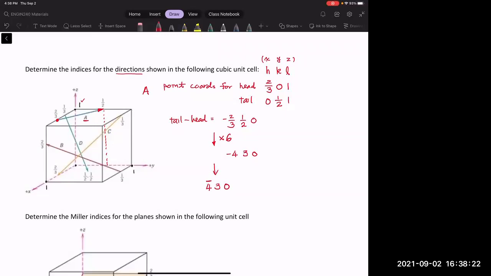You also want to tell people that this is a direction. How do we represent a direction? We put a square bracket around the numbers.